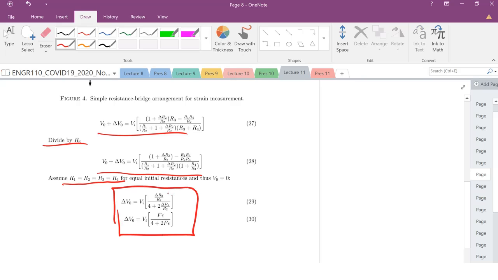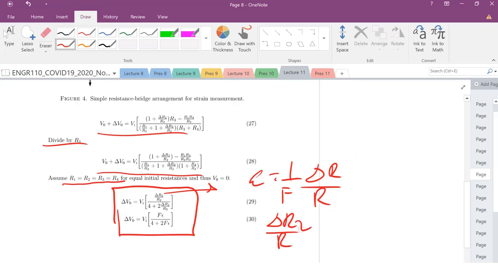This is plugging in from our strain, which is equal to 1 over F times change in R over R. Once you plug that in, you flip that, so change in R2 over R2 is equal to epsilon F. That's what we plug in to get this value right here.